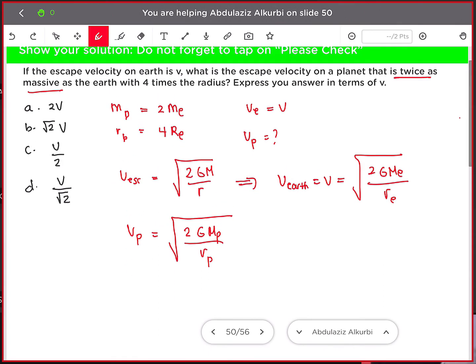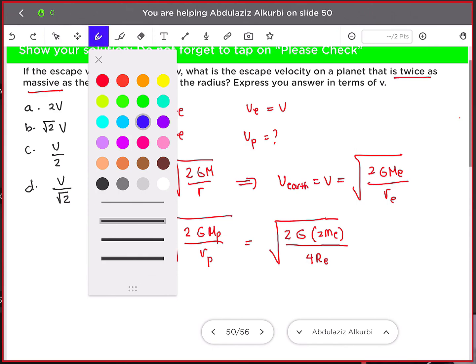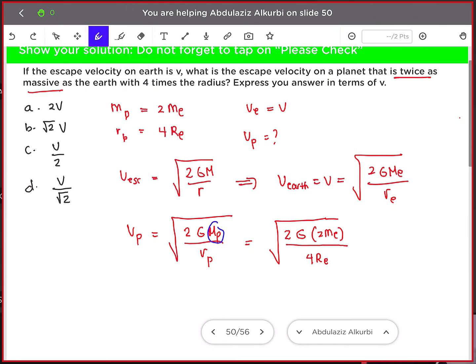According to our given, the mass of the planet is 2 times the mass of the Earth, so I substitute 2 M Earth, divided by the radius of the planet, which is 4 R Earth. I'm just substituting M P equals 2 M E and R P equals 4 R E.